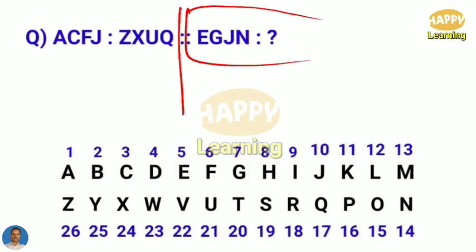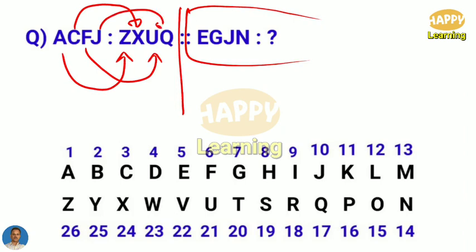What is the relation between this A and Z, then the relation between C and X, then this F and U, finally this J and Q. Let us think of first letter to first letter, second letter to second letter, third letter to third letter, fourth letter to fourth letter. If you observe the coding here, A and Z are opposite to each other.